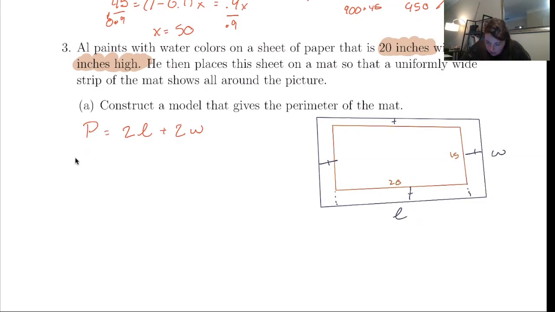But what about these extra little sides right here? What's that distance? This distance right here is 20. And then what about these extra little distances? Each one of them is X, right? And I have 2 of them. So what am I going to do with that X and that 2?